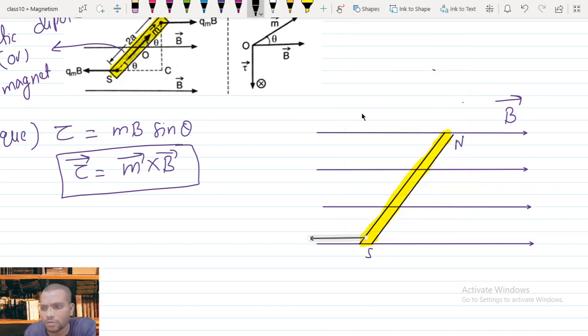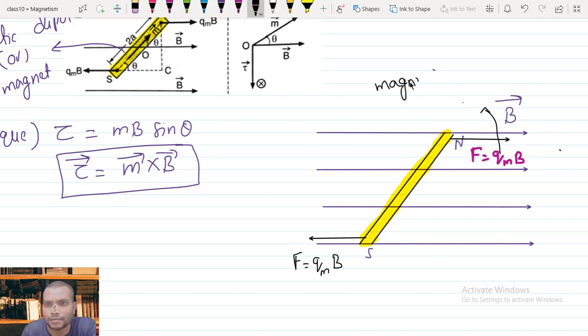This is the force which acts in this direction, F equal to Qm times B, and another force also acts on the other pole which is the same in magnitude. So I can write this force F equal to Qm times B. Here Qm is called the magnetic pole strength.